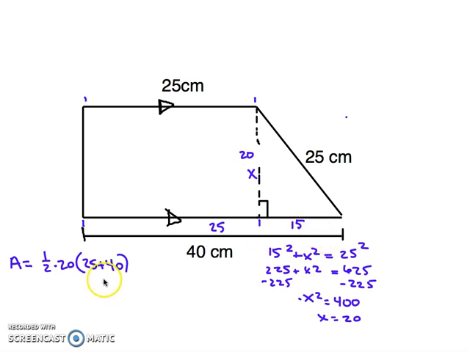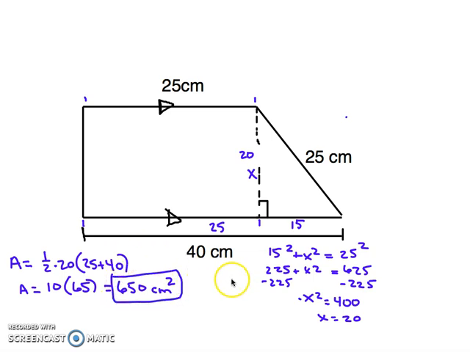So that's how we get the 25 plus 40. So when we solve for this, 20 divided by 2 is 10, and then 40 plus 25 would be 65. So we would find that our area would be equal to 650, and we were working with centimeters, so that would be centimeters squared.